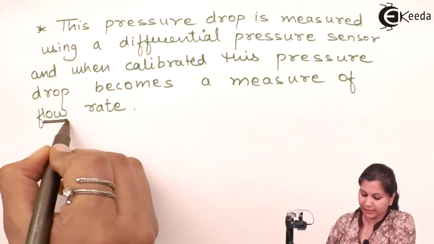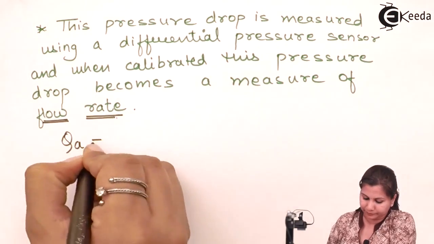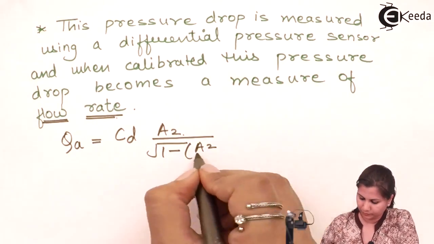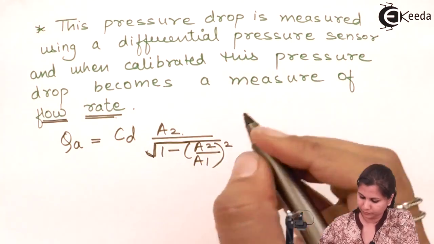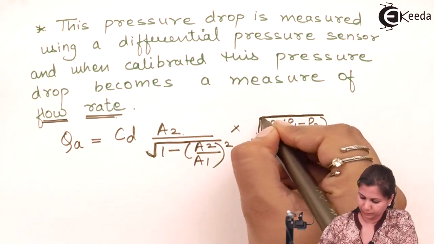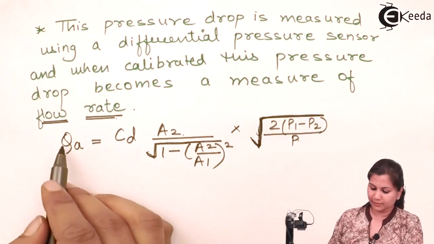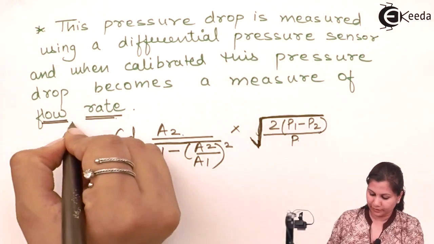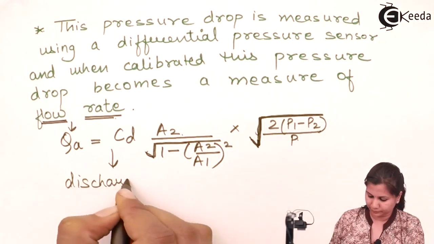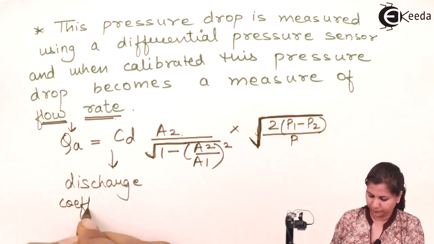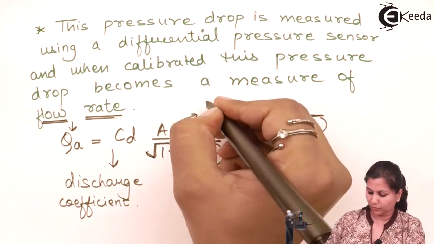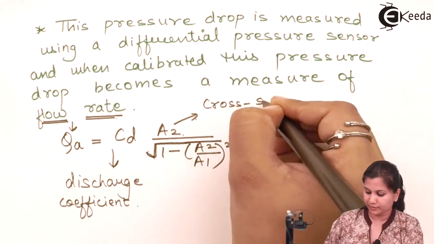Now this flow rate is given by the formula. QA is the flow rate. CD is the discharge coefficient. A2 is the cross-sectional area of the orifice.